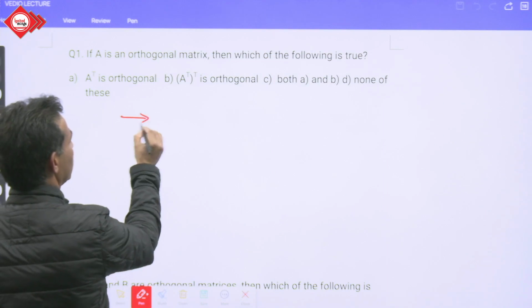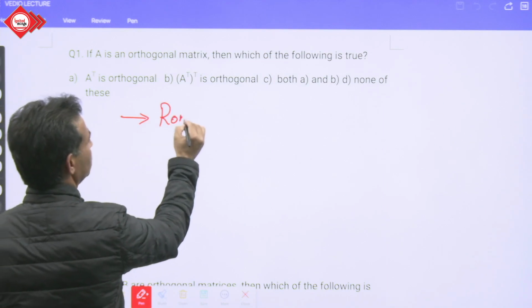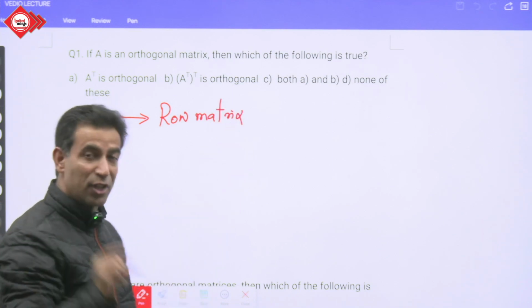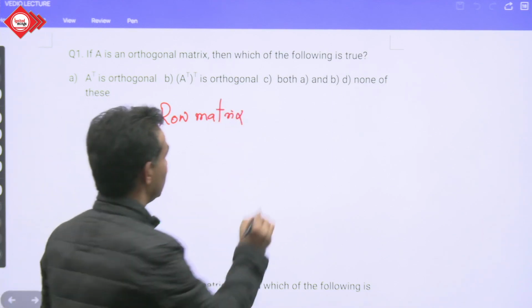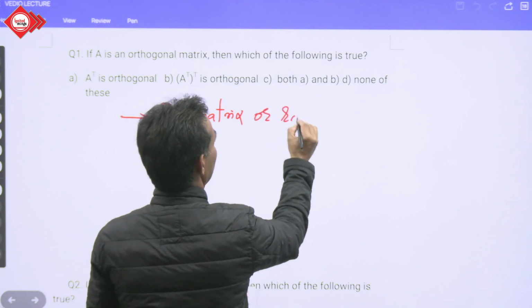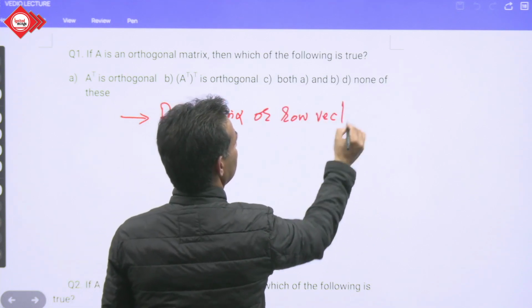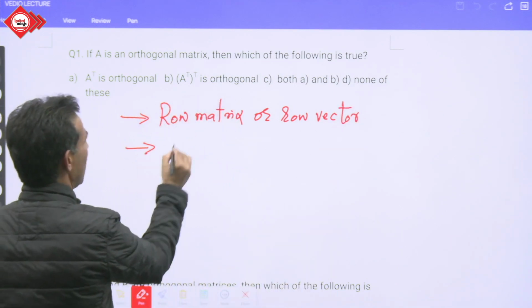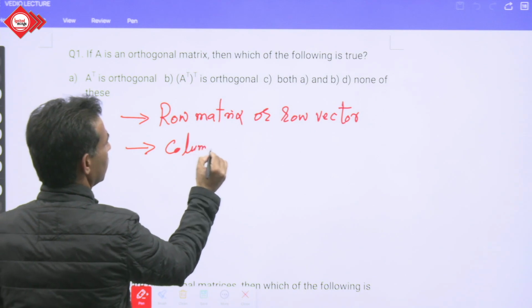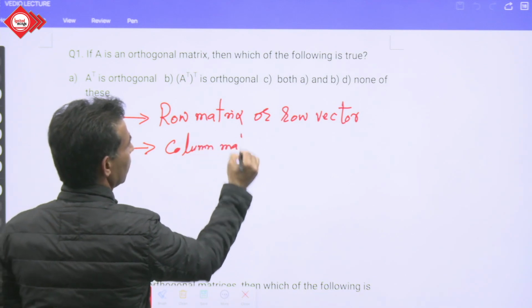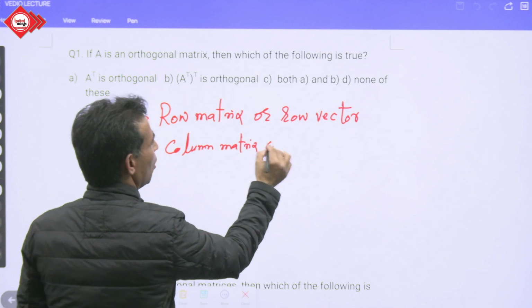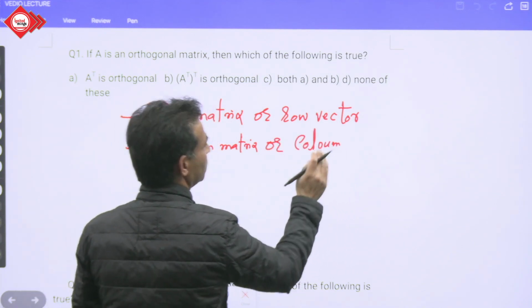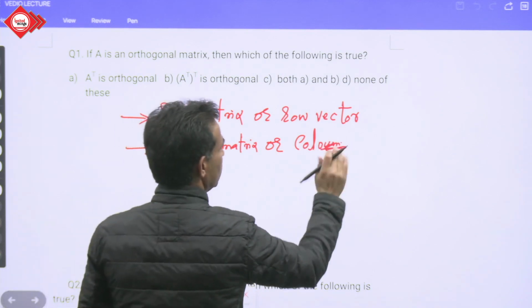Number one, that is row matrix, which is also called row vector. Similarly, we have column matrix, or it is also called column vector.